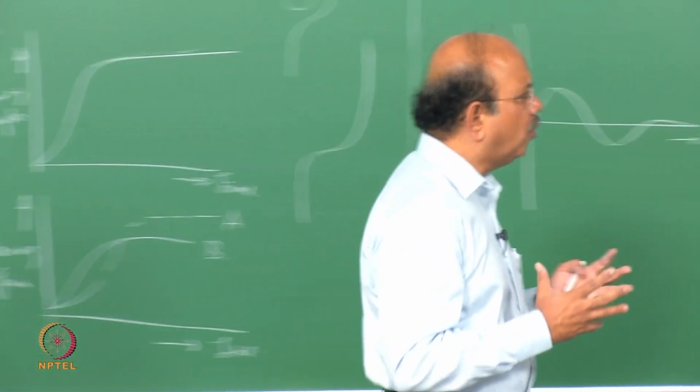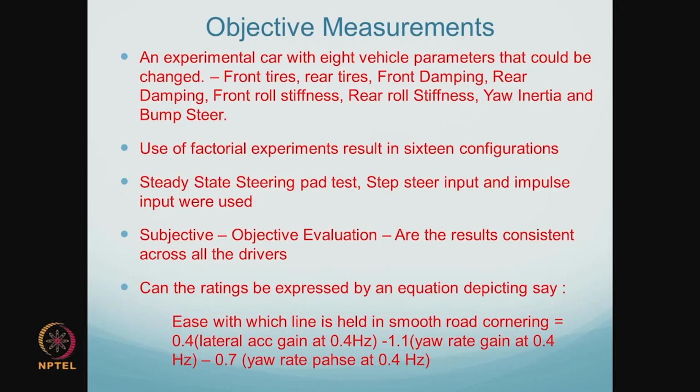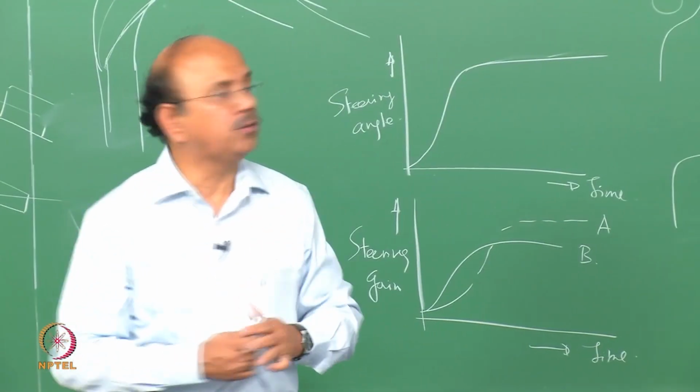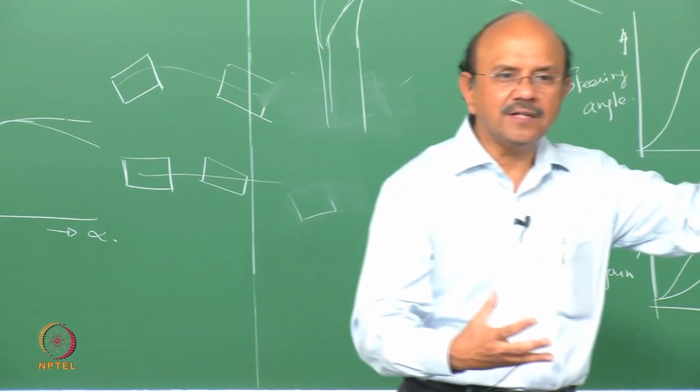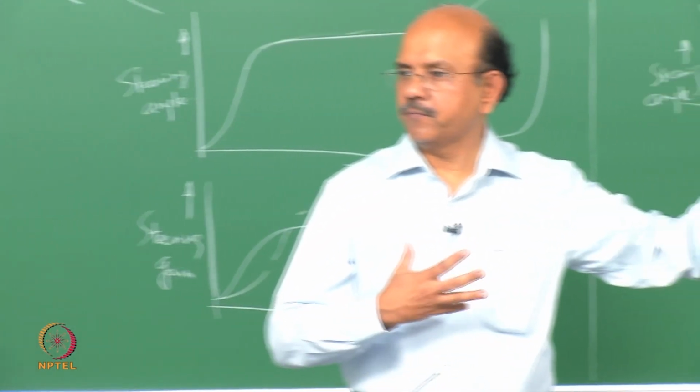Ultimately, they wanted to know whether it is possible to relate the subjective question, for example, the ease with which the line is held in smooth road cornering, to metrics like lateral acceleration gain at 0.4 hertz, yaw rate gain at 0.4 hertz, and yaw rate phase at 0.4 hertz. So they wanted to relate the metric, which is a vehicle characteristic, with a question answer. Is that clear?